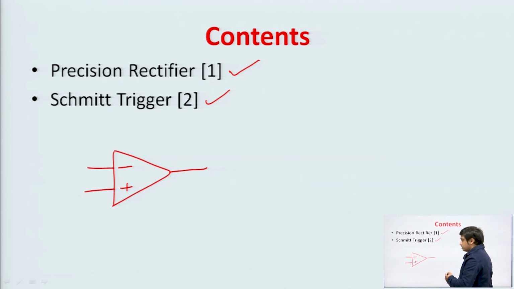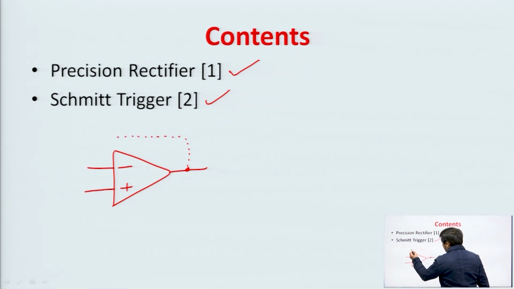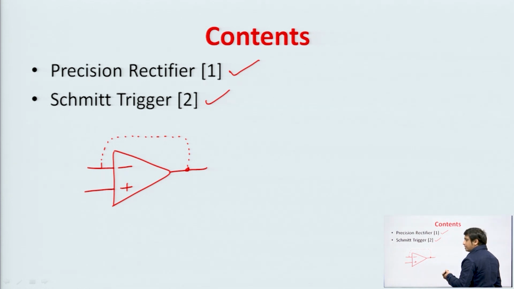In open loop mode there is no feedback path, but in closed loop mode there is a feedback path. That feedback path may be negative feedback or positive feedback. Negative feedback means the output is connected to the negative input terminal of the op amp. Positive feedback means the output is connected to the positive input terminal of the op amp.